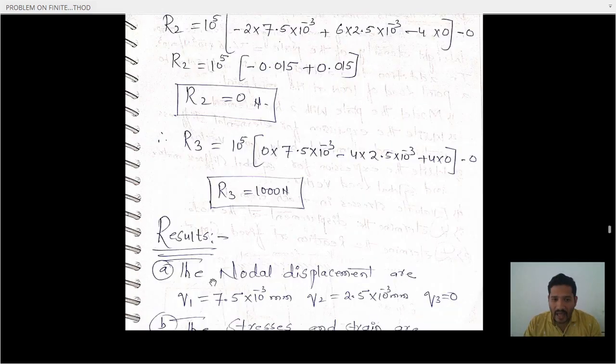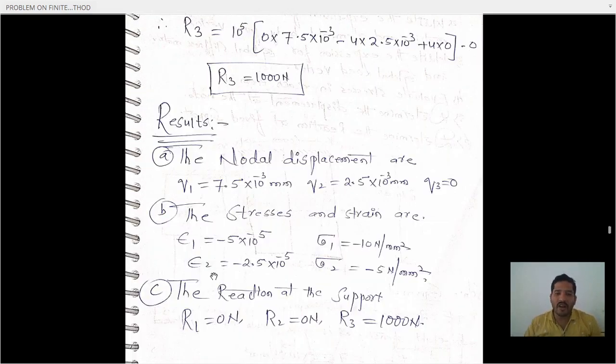Okay dear. After that, what do we need to find out? We need to find out the nodal displacement. So in the result you have to show that, because we have already found the Q1, Q2, Q3 values, and the stress values. Strain E1 is how much we got here?